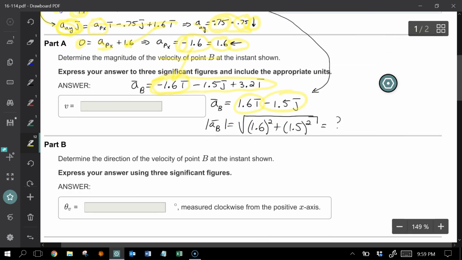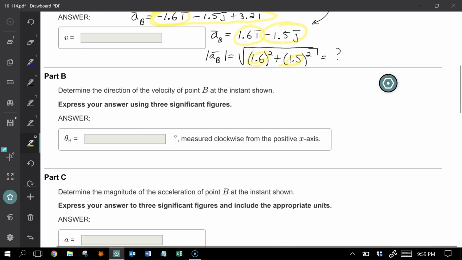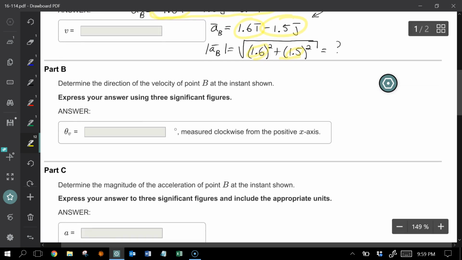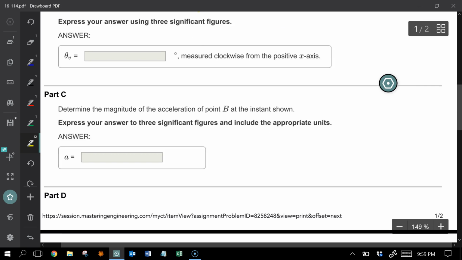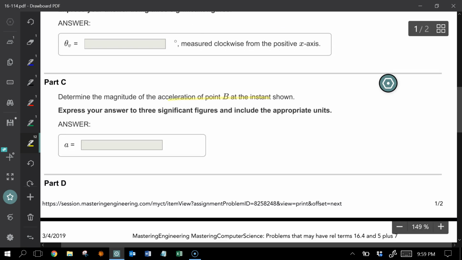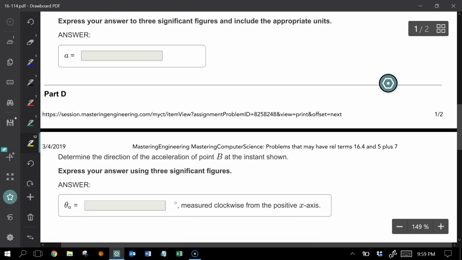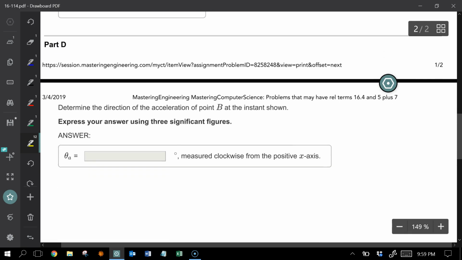I didn't bother to do the calculation with a calculator, but that's pretty simple. Just 1.6 squared. That's a magnitude, which is what they're asking for. So anyway, you get the direction. You can get the acceleration. The magnitude of the acceleration, that's what I calculated with the square root, and then the direction of the acceleration.